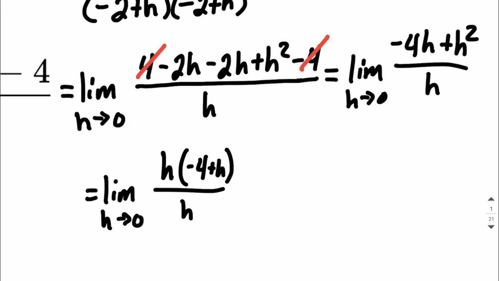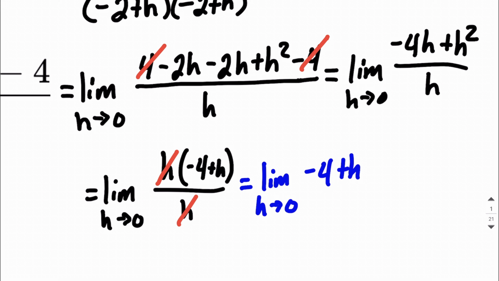All right, from here, when we have h multiplied by the entire numerator, h multiplied by the entire denominator, we can simplify that by canceling them out because that makes a 1. And we're left with the limit as h approaches 0 of -4 plus h.